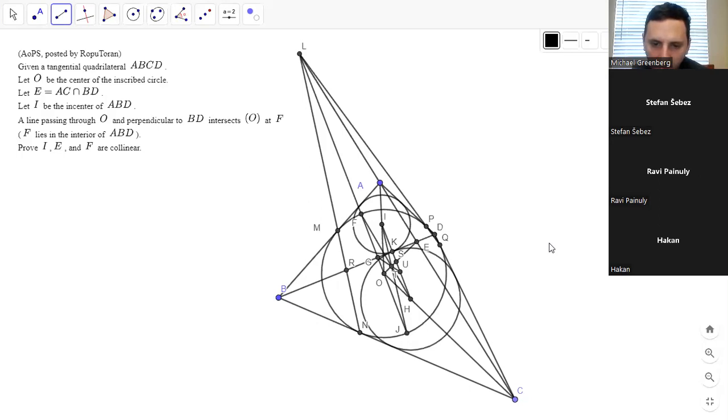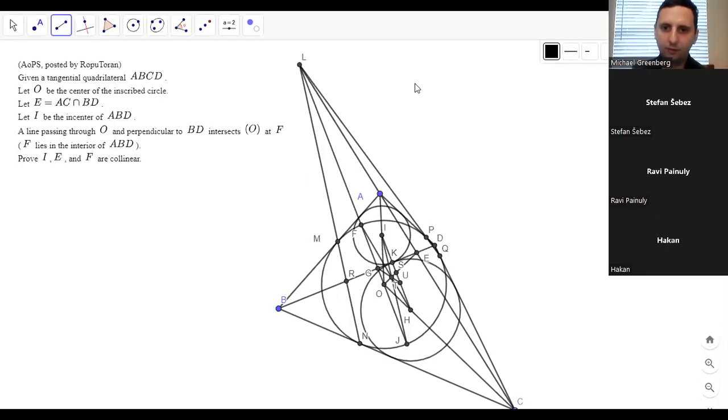But we also know that FG over GJ is IK over KH. And does that prove that S is the midpoint of KU? IK over KH is equal to HU over UI. Yes, it does.